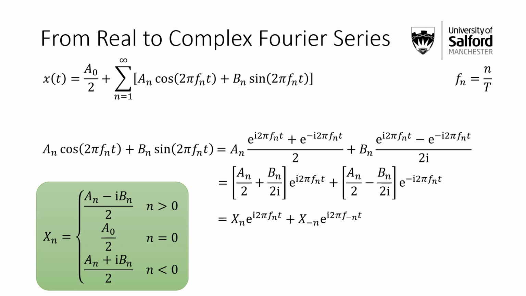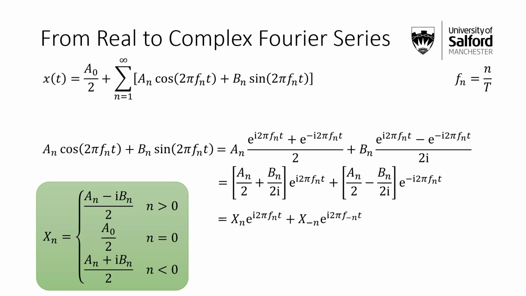So just to summarize how xn is defined, if n is greater than 0, we've got an minus ibn over 2. Now what I've done here is brought the i out of the denominator from the left hand bracket up into the numerator, so it's ended up negated. If n equals 0, then I'm just covering the a0 over 2 term from the original Fourier series equation on the top left.